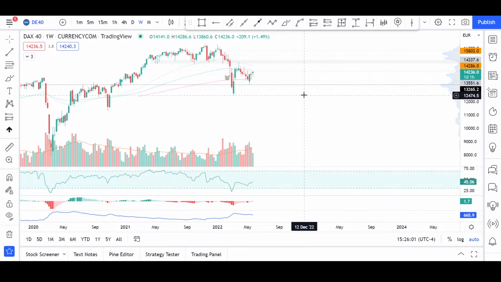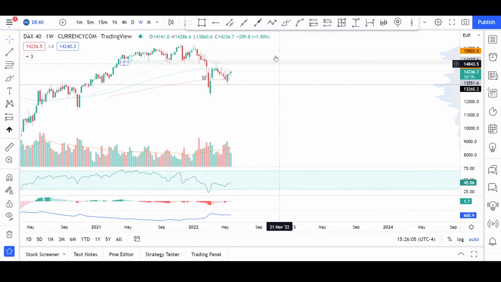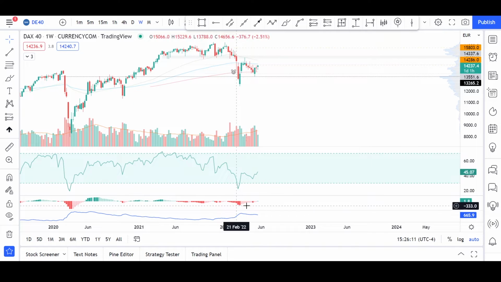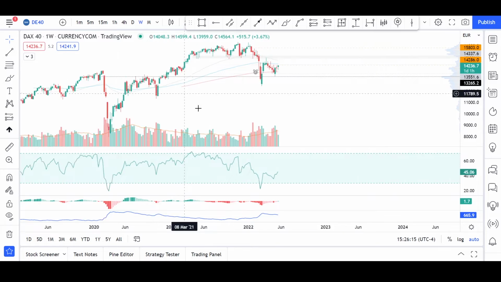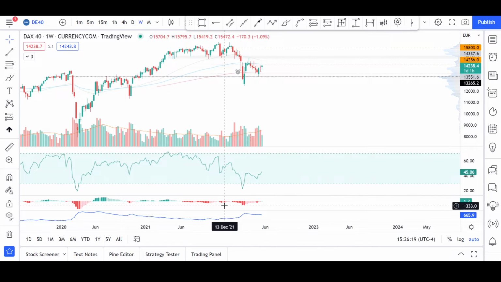Right now let's have a look at Germany DAX 40. On the RSI chart we should really get through this bearish sentiment, while the MACD has also been looking negative.